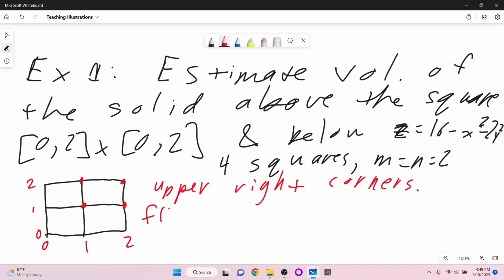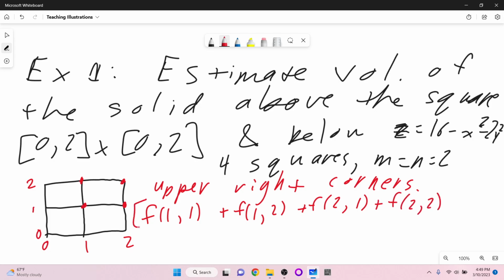So we get f of (1, 1) plus f of (1, 2) plus f of (2, 1) plus f of (2, 2). And all that times delta A. The total area is 4, and it's divided evenly into 4 pieces, so the area is 1. Then we plug each of these numbers into this function to get the z values.